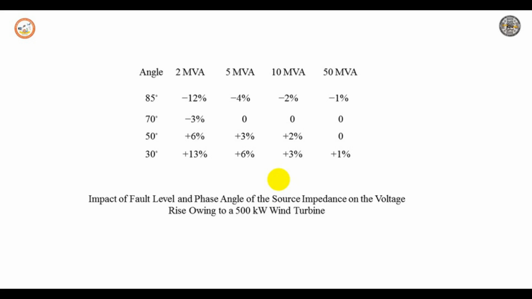The risk of under voltage might even limit the amount of generation that can be connected to the network. One of the simulations considered is the simulation result for a 230 volt low voltage feeder.